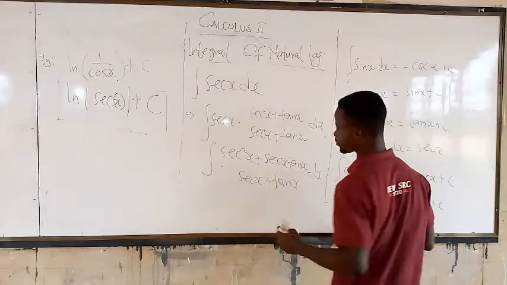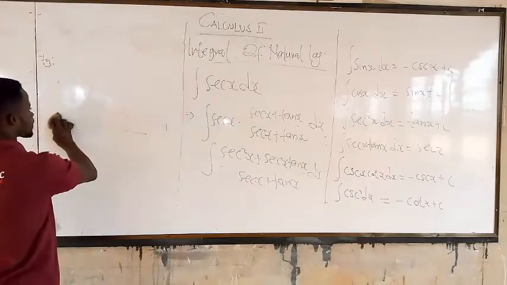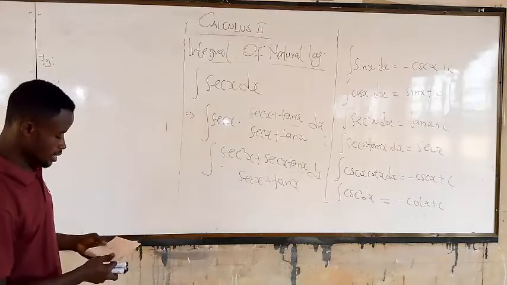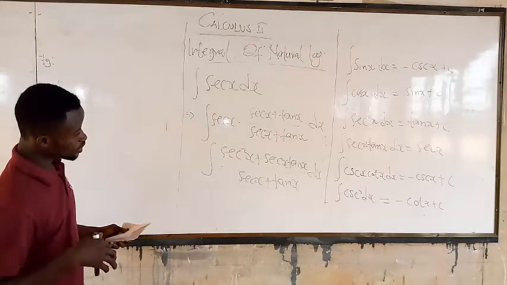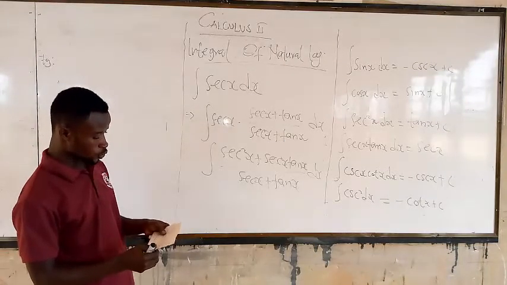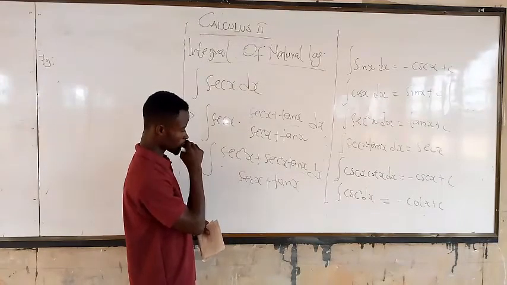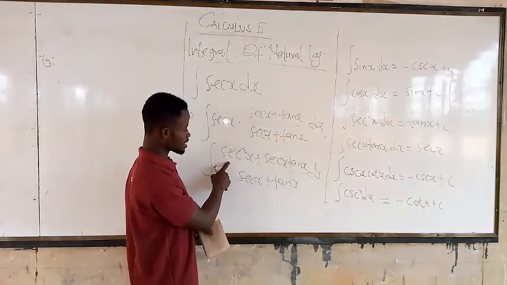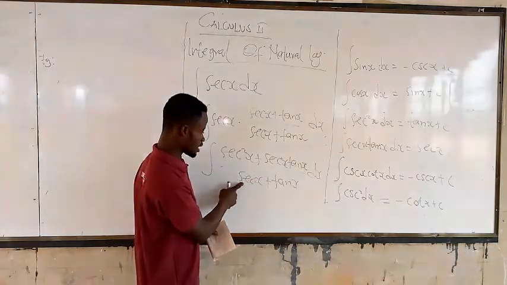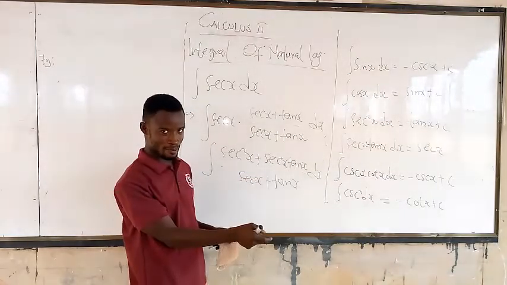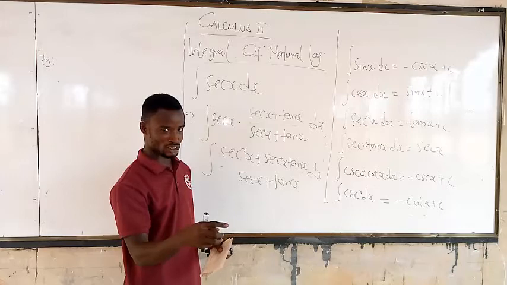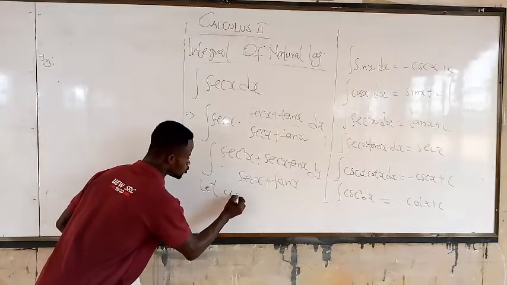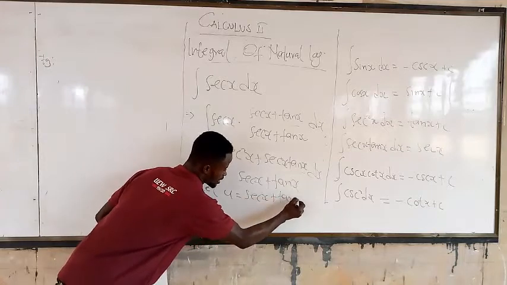I hope you can see it well. Now we can see that when we differentiate tan, we get sec squared, and when we differentiate sec, we get sec tan. You see, the integral function is embedded with what? The function and its derivative. So here we can let u be equal to sec x plus tan x.